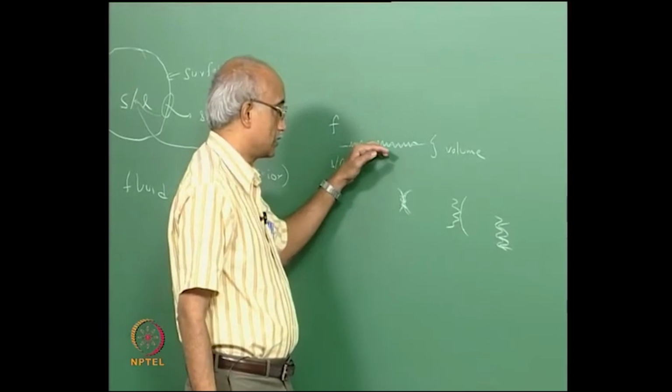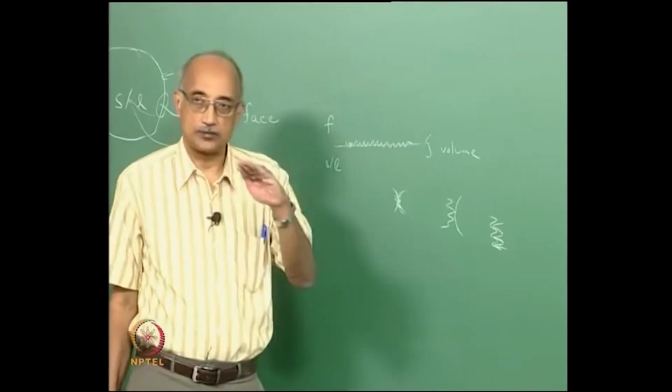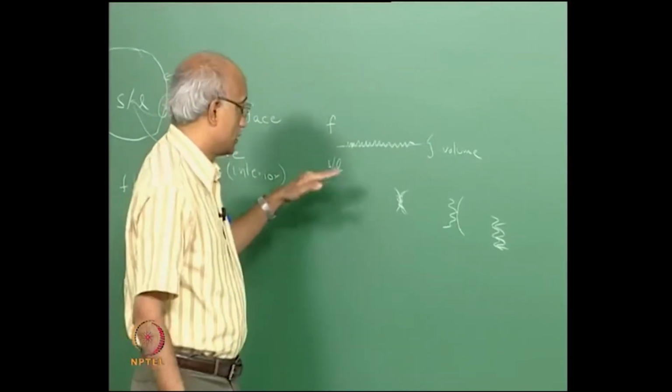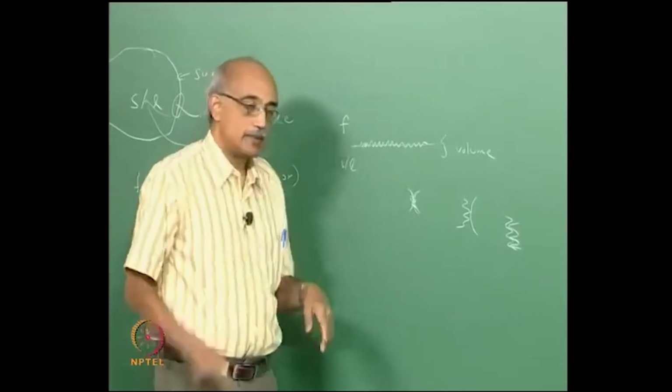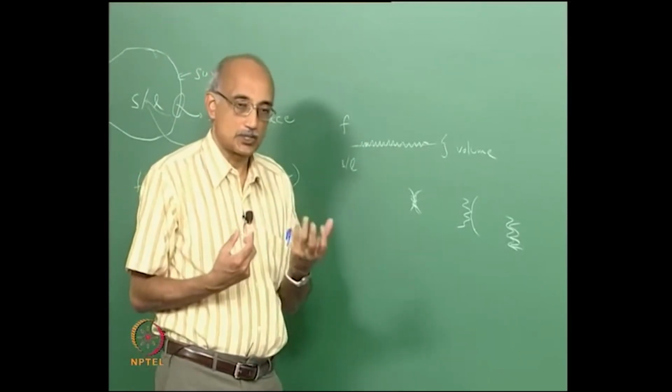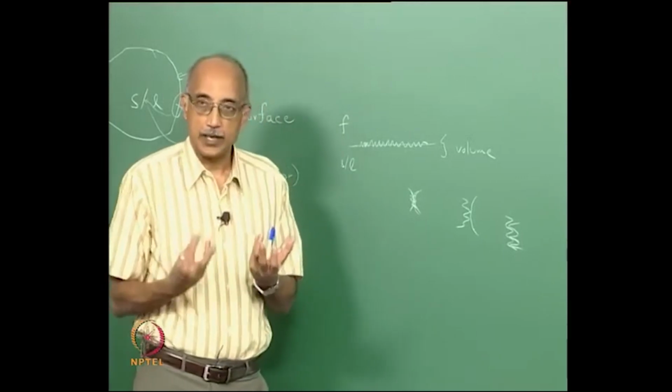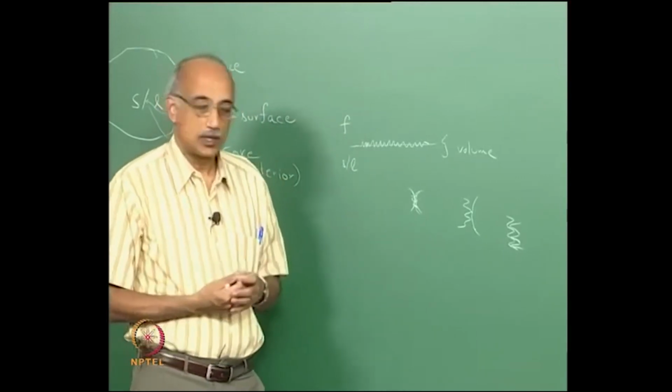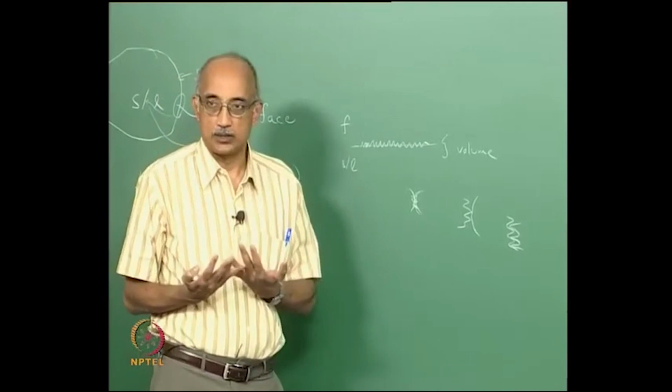Now, if I look at the properties of the surface, they are going to be a mix of the property of the solid or liquid particle and of the contacting fluid, because it is a volume fraction phenomenon.